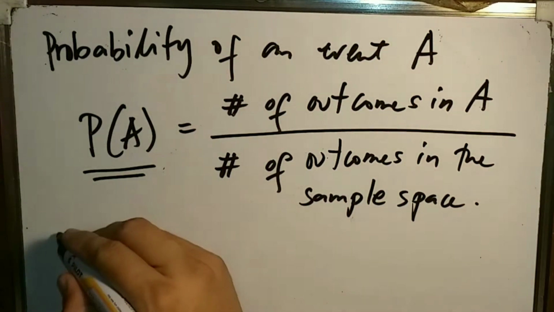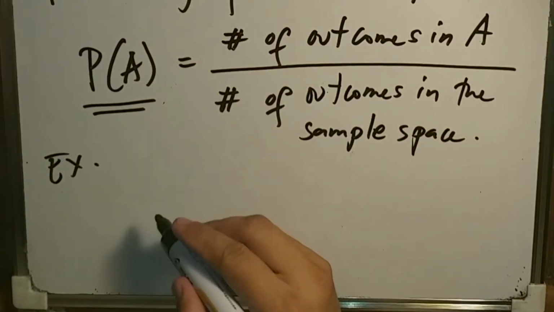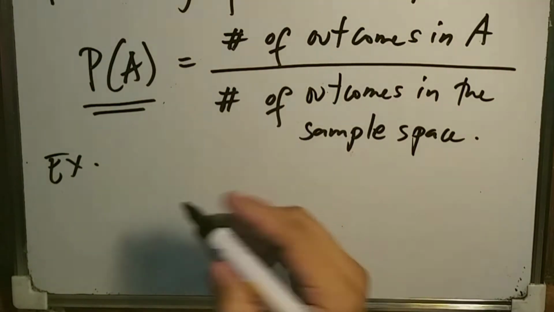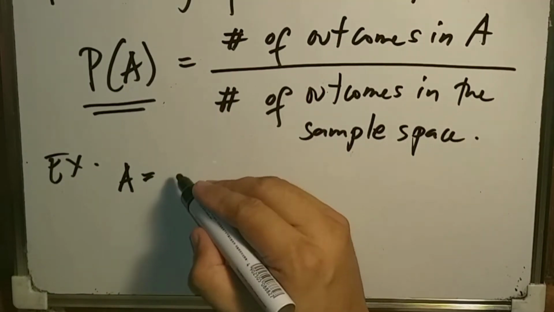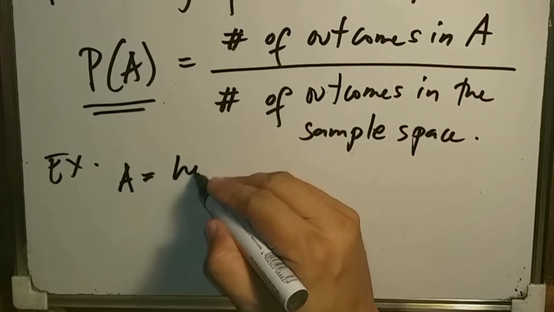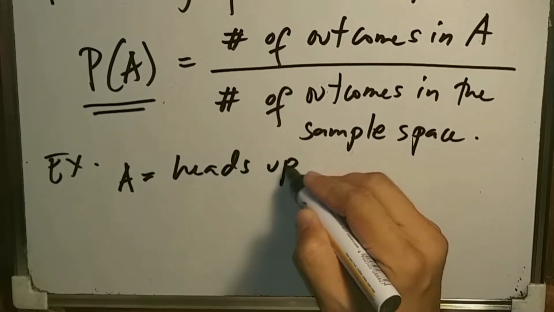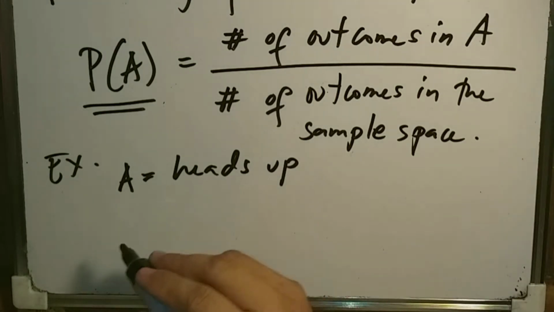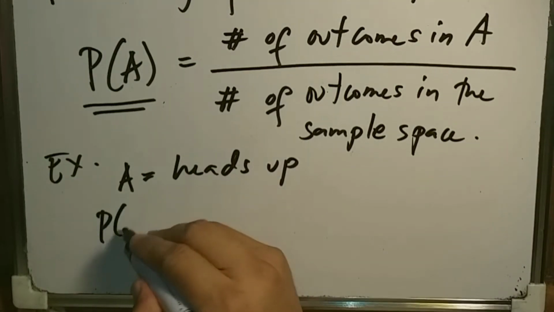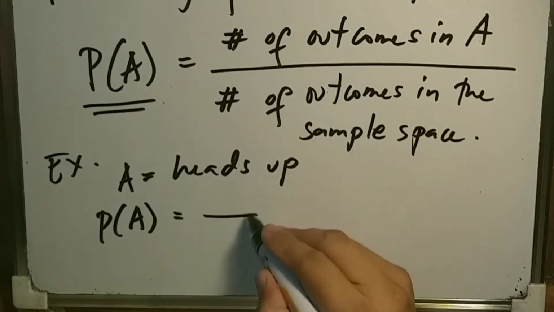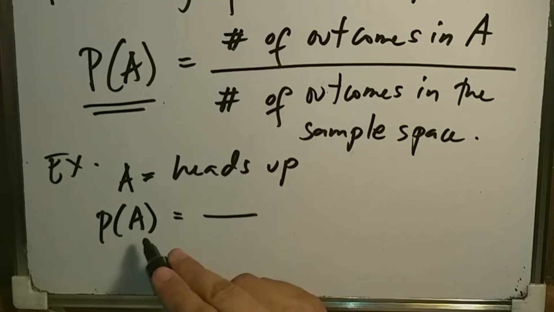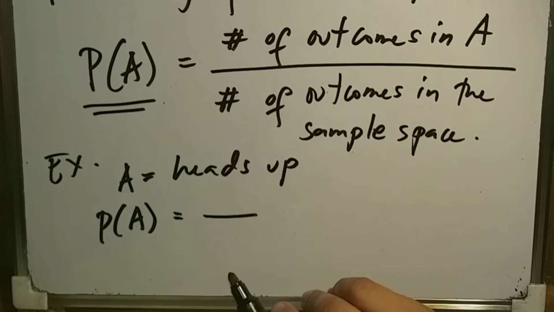So for example, in our previous example, we let A be the event heads up. If we take the probability of A, that means we are going to find the probability of getting heads in a single toss of a coin.